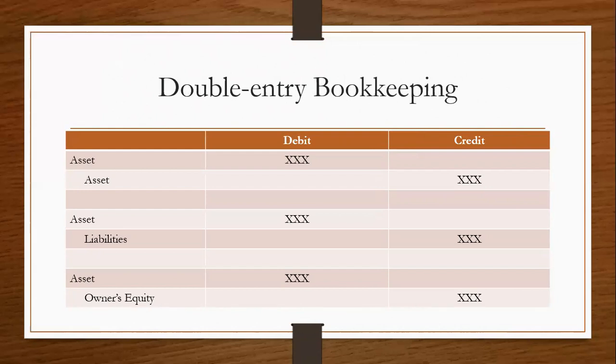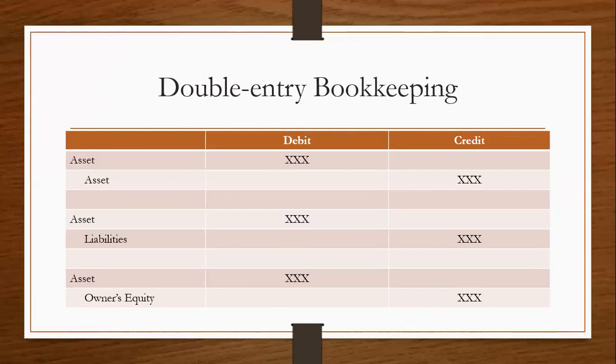In accounting, there's so-called double entry bookkeeping. So what is double entry bookkeeping? Once you record a debit, it must have a corresponding credit. Here are the examples and the illustration.